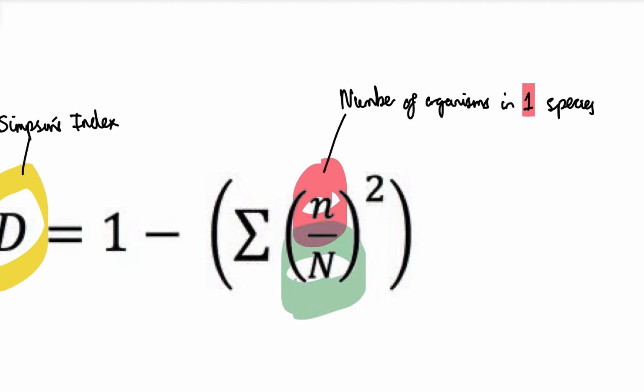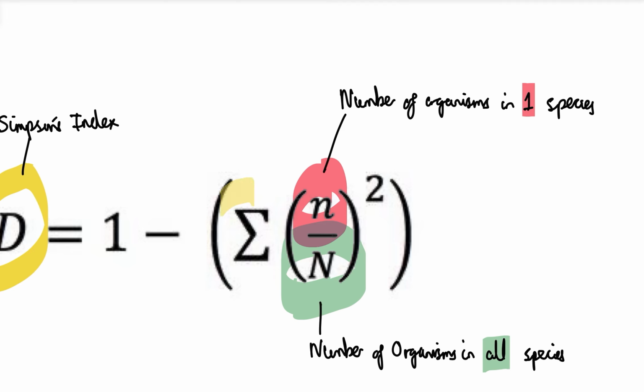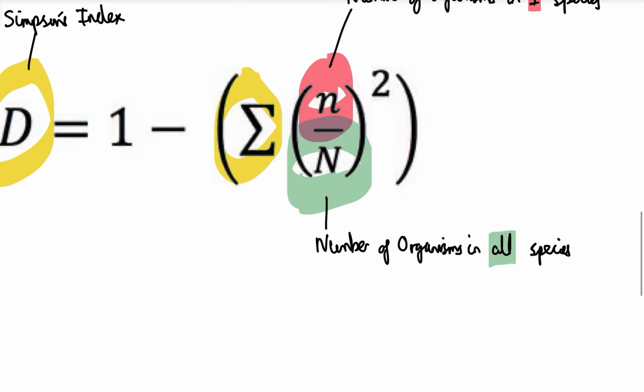And capital N refers to the number of organisms in all the species. The sigma sign here just means the sum of, so you're going to be doing this calculation for every single one of the species. But let's break this down.